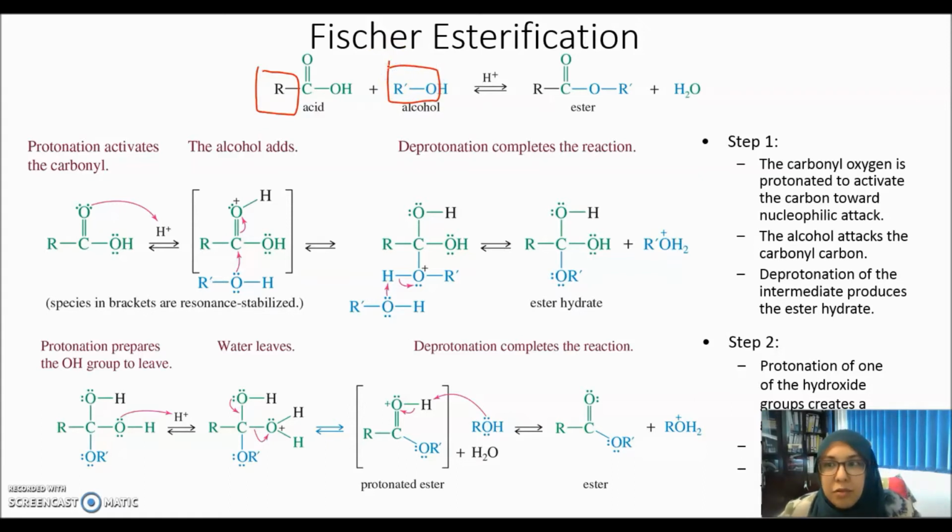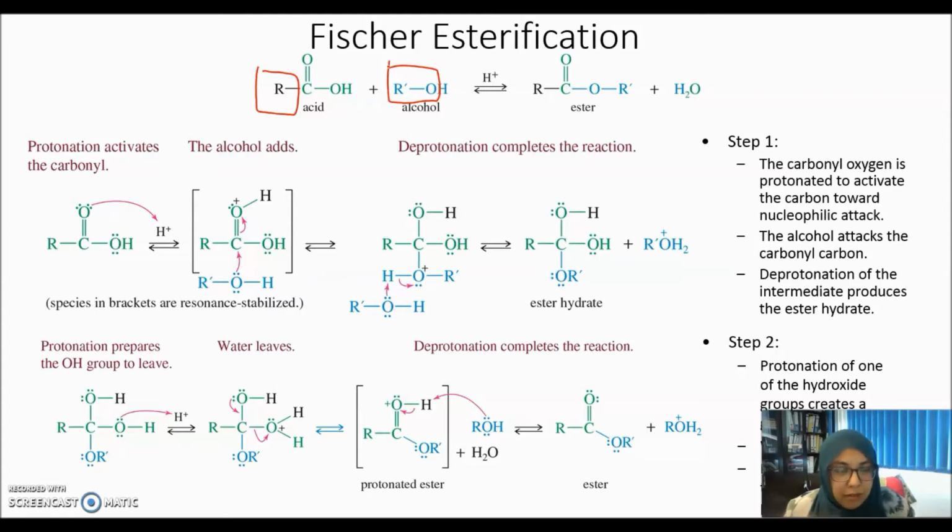Essentially what you do is the lone pair of electrons in your carbonyl will attack the ions that were present in the reaction, the proton. Then after that, the lone pair of OH in the alcohol will straightforwardly attack the carbon attached to the carbonyl as well.